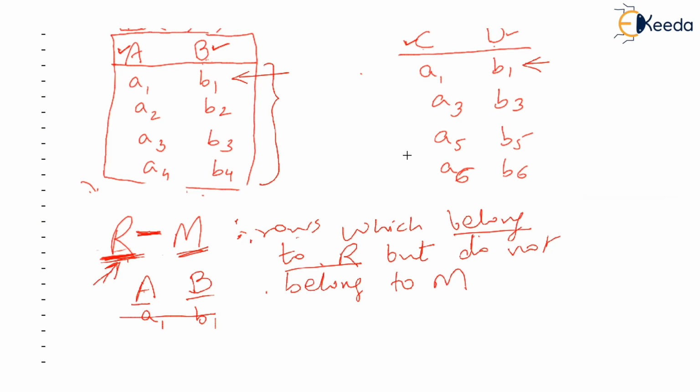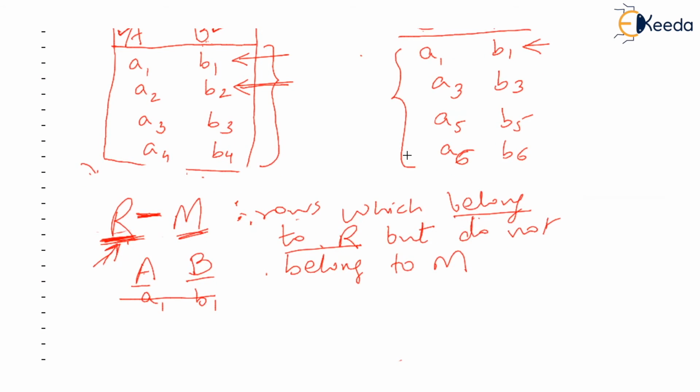Are you understanding? See, the second row of this R table is A2, B2. Now you watch, A2, B2 does not belong to M. It is absent in M. So surely A2, B2 will be there in our result. A2, B2 is there. Similarly, A3, B3 you observe.